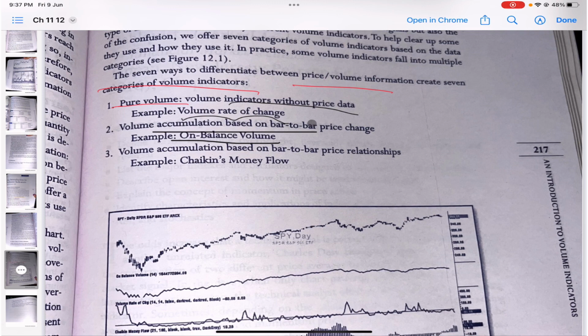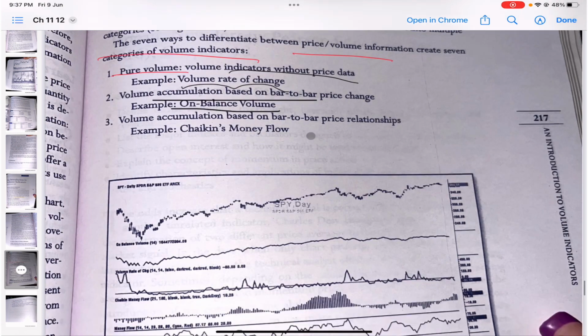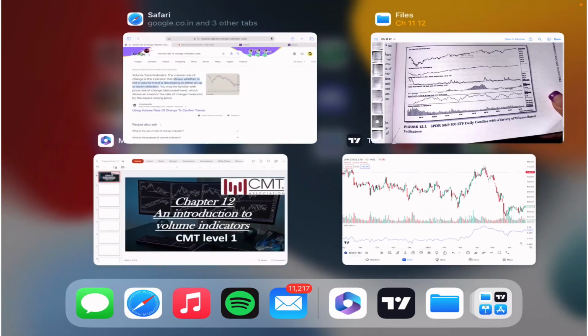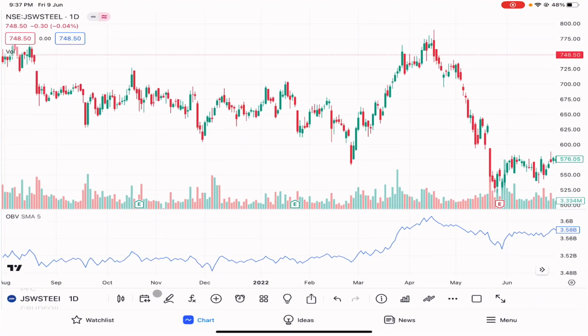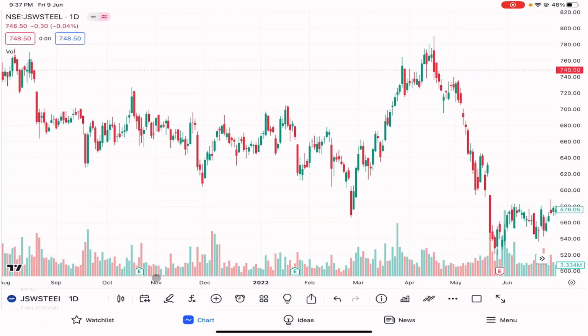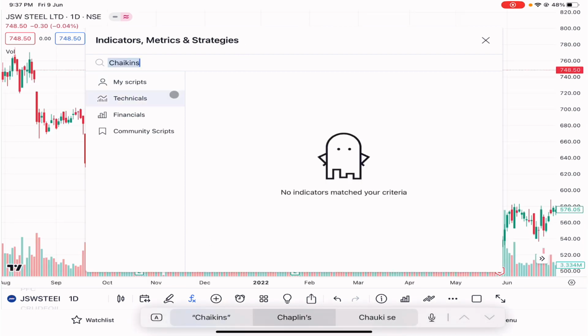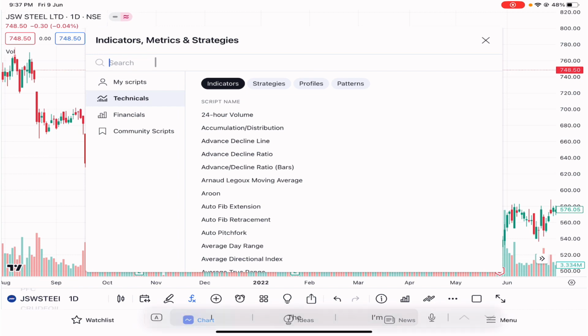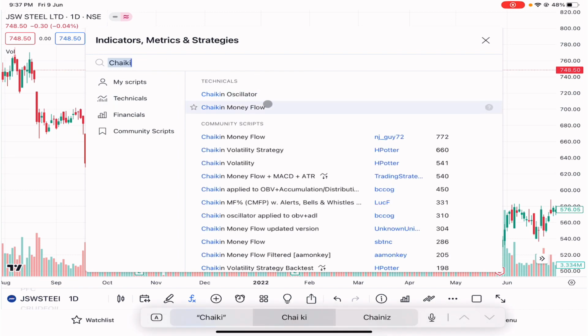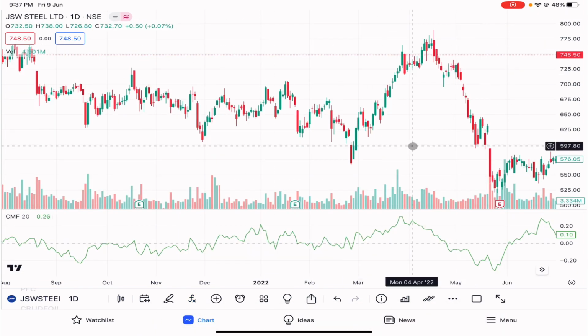So volume accumulation based on bar to bar price relationships. Chaikin's money flow. So Chaikin's money flow is again one more type of indicator. I will show you that also. This is my Chaikin's money flow.